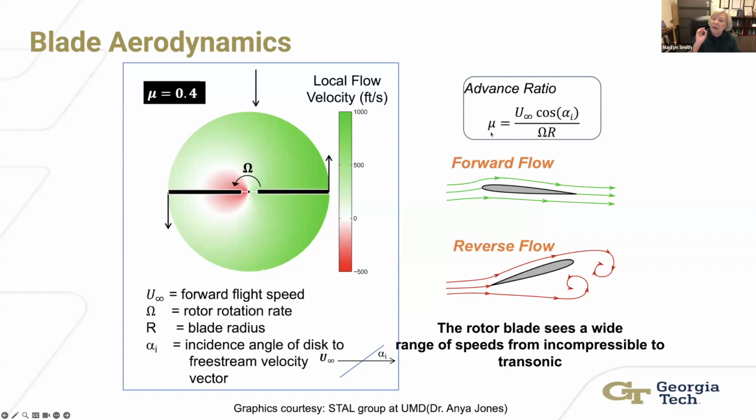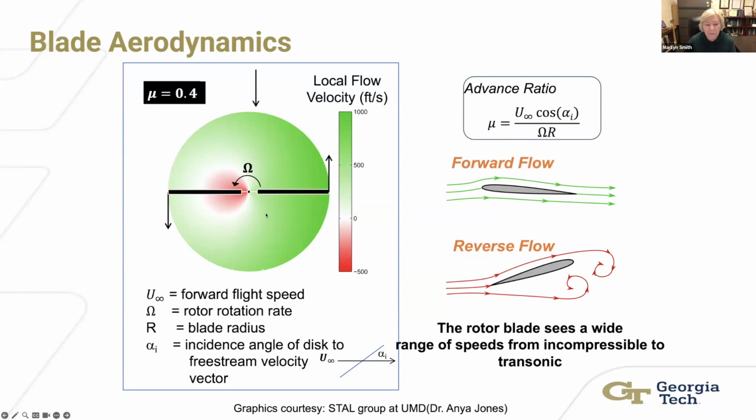Now, as I said, you have the advancing side, which sees the highest speed, and then on the retreating side you see it's going down. You can see it's actually 0, and then it comes into a reverse flow. So we're used to seeing a forward flow, which is this green area. If you follow my cursor, you can see where I'm at. This is the way we usually look at things when we design airfoils and wings.